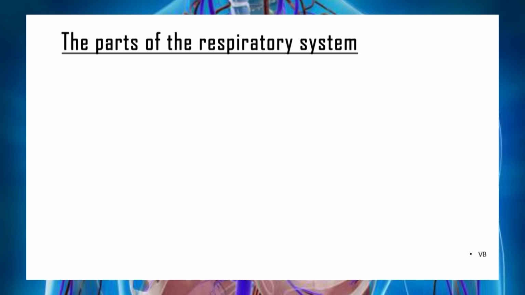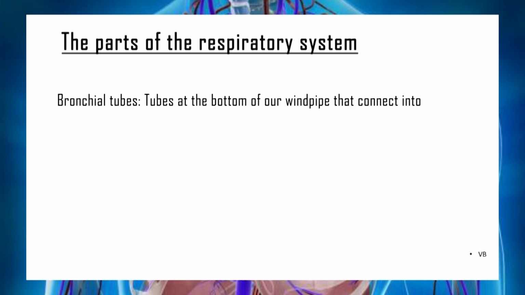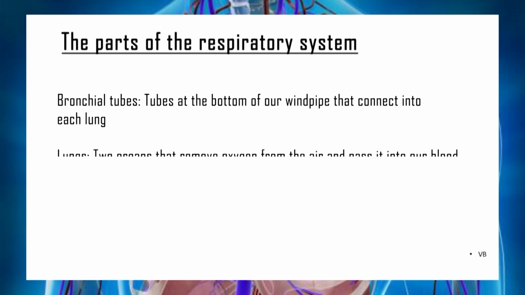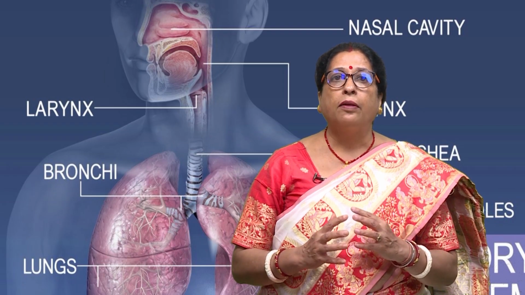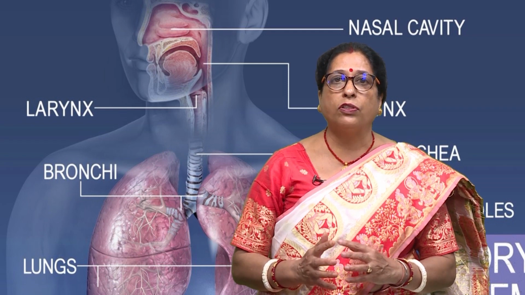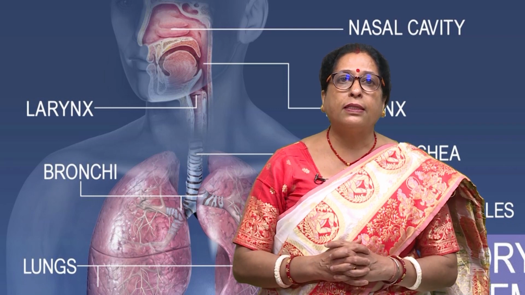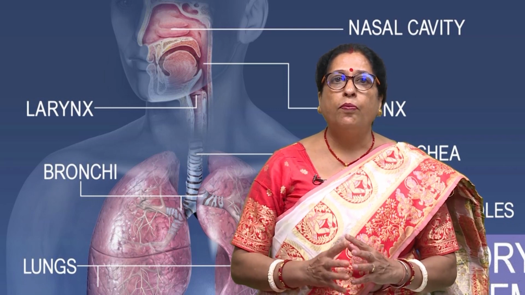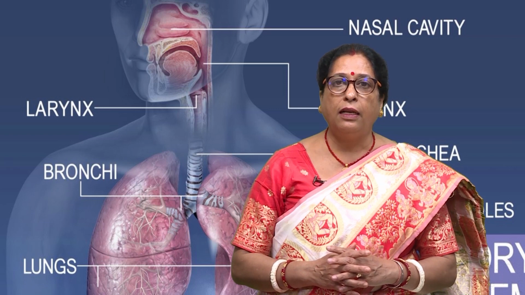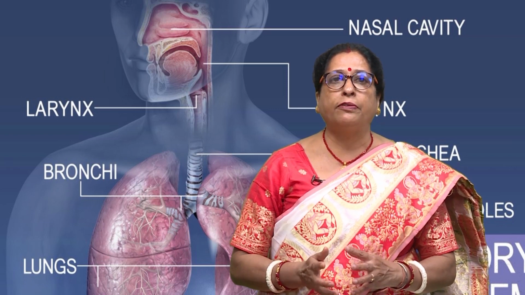Then bronchial tubes, at the bottom of our windpipe, that connect into each lung, and the lungs, two organs that remove oxygen from air and pass it into our blood. From our lungs, our bloodstream delivers oxygen to all our organs and tissues. Muscles and bones help move the air we inhale into and out of our lungs.